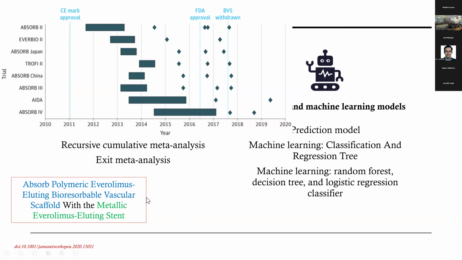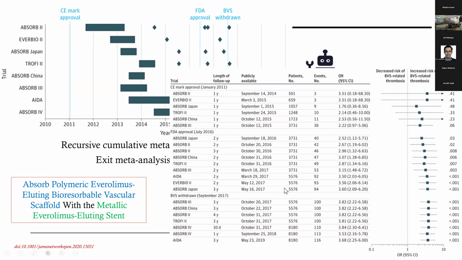Why? So this is a cumulative meta-analysis. That means Absorb 2 is the first study, Overbio is the second study, but this is harm, bioresorbable stent blocking. It should not block. The whole idea is to keep the artery open. Thrombosis means the artery is blocked. So the point estimate is here, but the confidence interval is crossing 1.